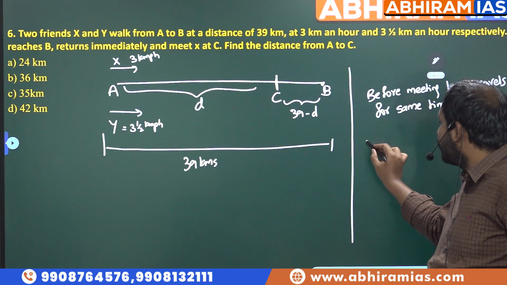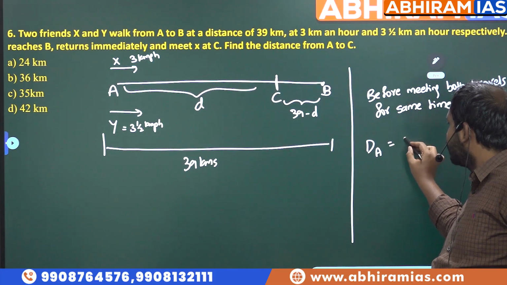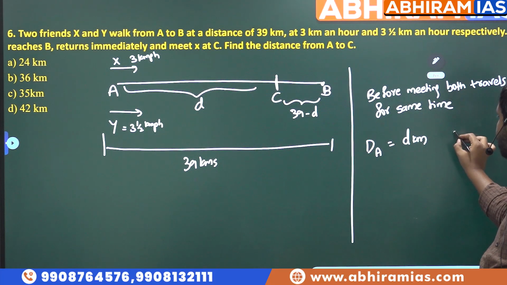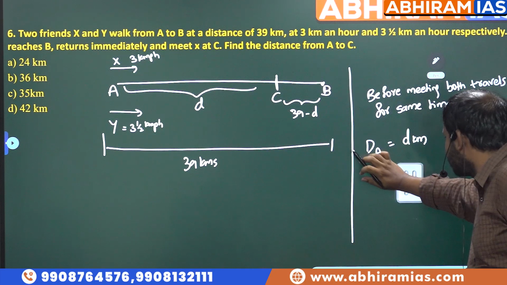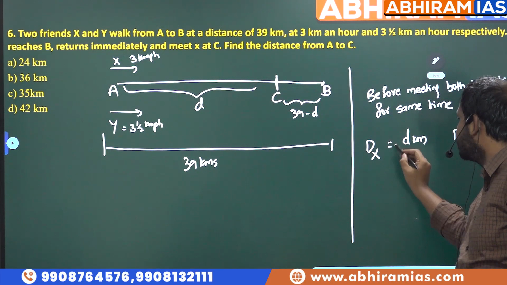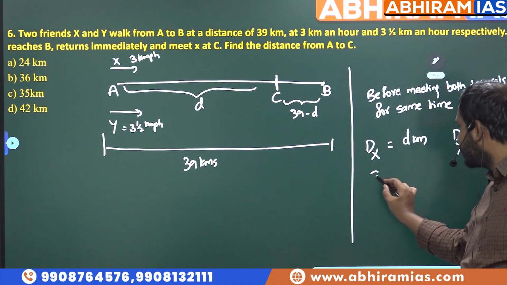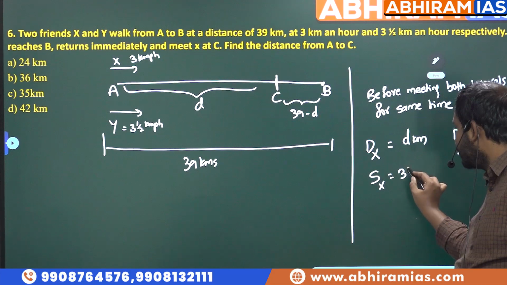What is the distance covered by X? D kilometers. What is the distance covered by Y? 39 plus 39 minus D. So overall Y will cover 78 minus D kilometers.